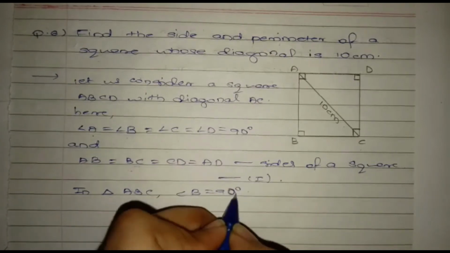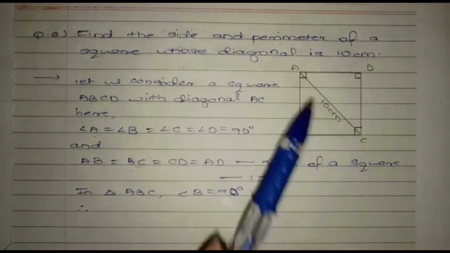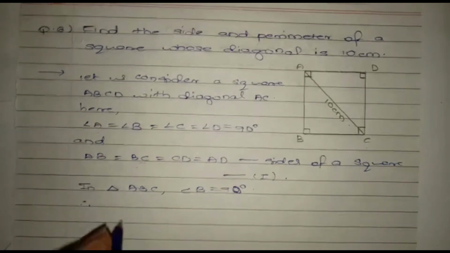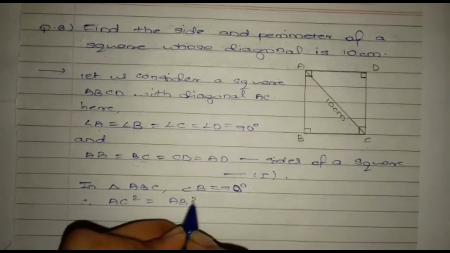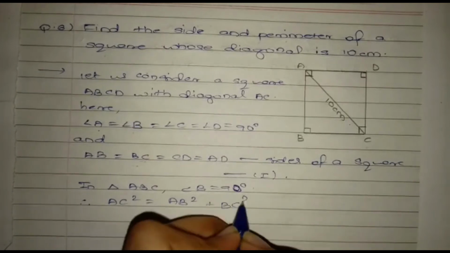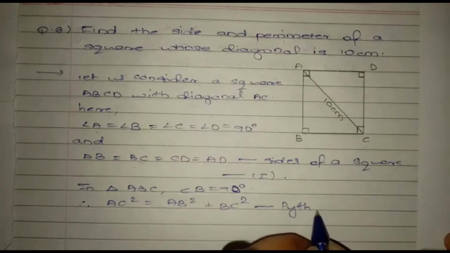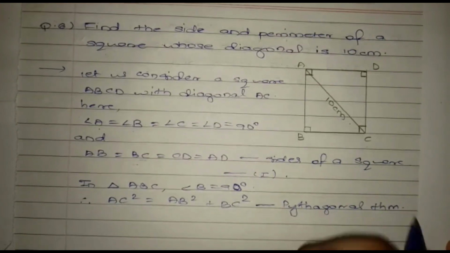Therefore AC square is equal to AB square plus BC square. Why? Pythagoras theorem.